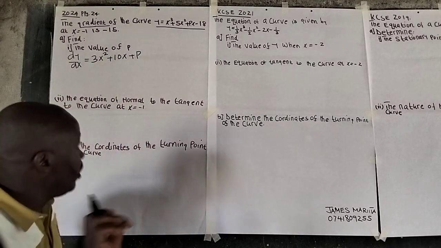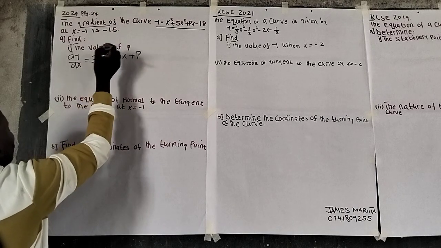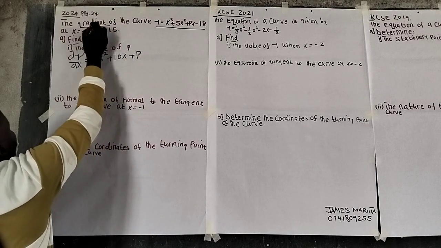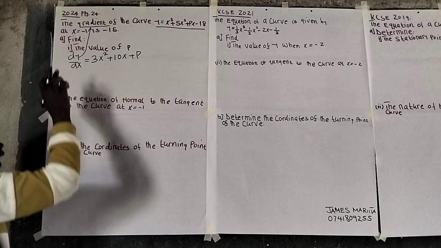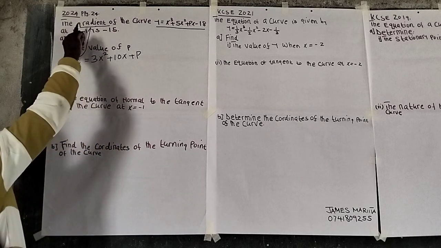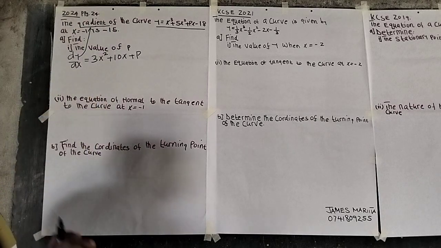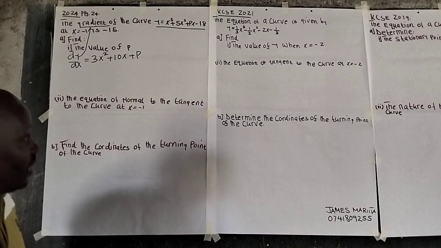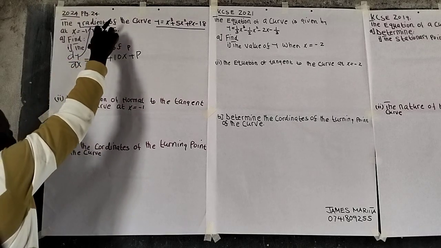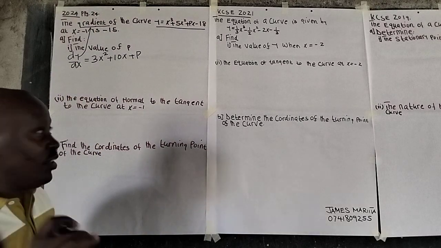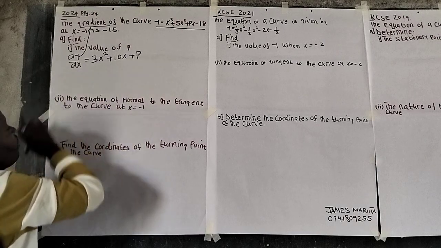But remember, this one here is our gradient. The value of this gradient where the value of x is equivalent to -1 is -15. So we are substituting two things here. One, we have been given this gradient as -15, and then we have been given this value of x as -1.